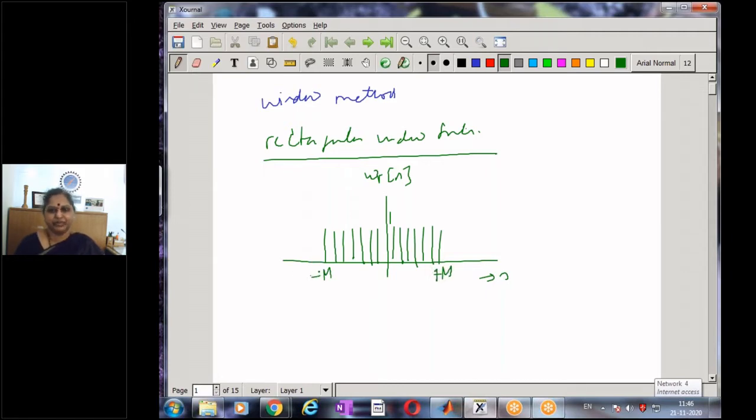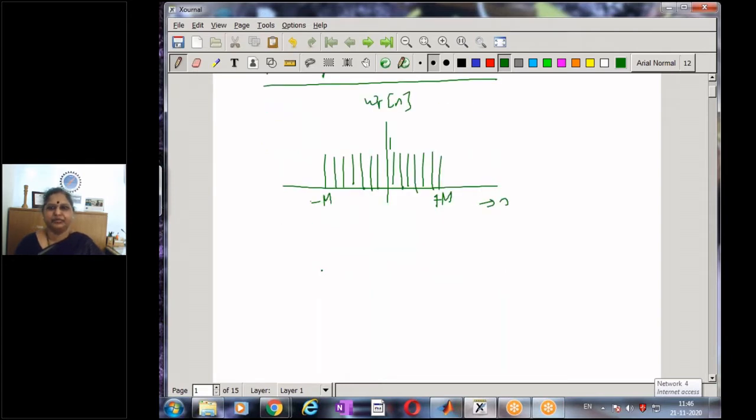When we did this multiplication, we had the design of the FIR filter. We had a finite duration impulse response of length n, given by 2m plus 1. So this gave us a linear phase FIR filter.